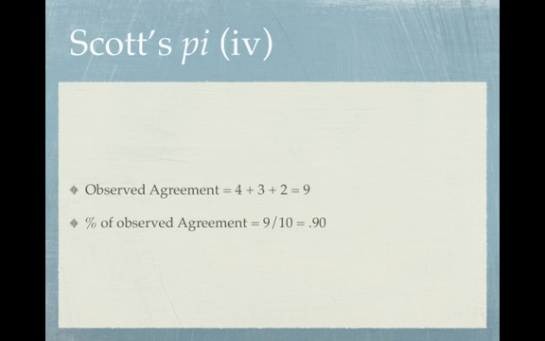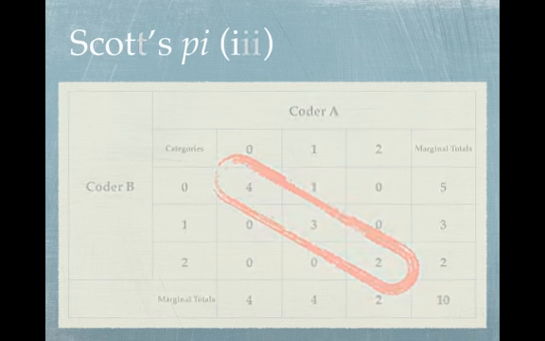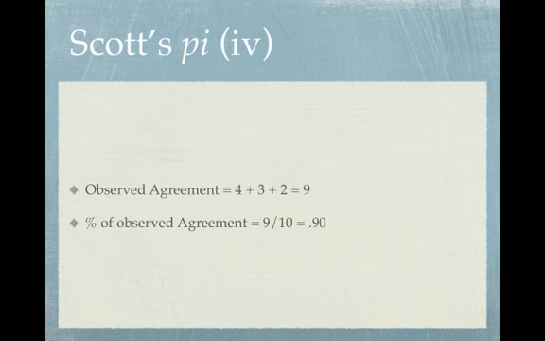So, to calculate the observed agreement, we actually sum the diagonal, this one, and divide it by the number of cases. So it's pretty similar to Holsti's formula.